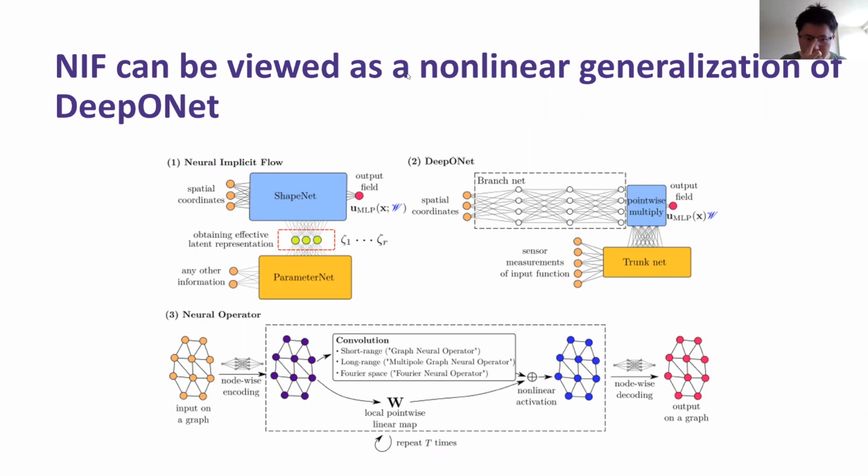From the latent representation to the ShapeNet, let's assume the ShapeNet contains 5 layers, and in total 300 weights and biases. Now let's say the latent representation is only 3 dimensions, basically the 3 golf balls that you see over there. Now there's a mapping from 3 to 300. That mapping is linear. It's a matrix of size 3 by 300. That matrix is trainable. You want to tune that matrix.